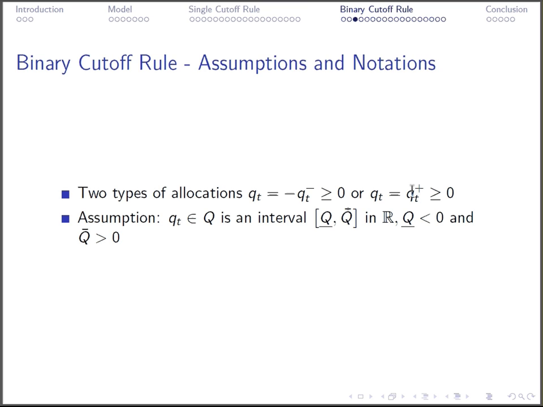So formally, it's like this. We have two types of allocation. One is the minus one and the plus one. And for notation simplicity, you don't really need to do this, I call the plus one just the positive Q, and I call the minus one the negative Q. So then they would combine to form some kind of interval, because we can only choose one element of these two types of terminal actions.